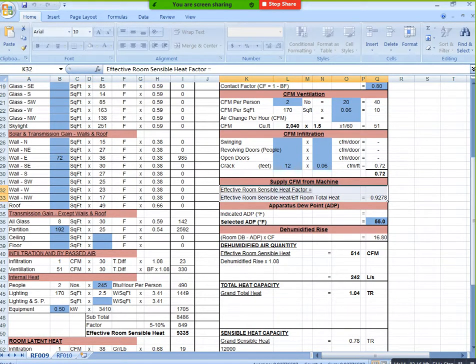First of all, we go for the effective room sensible heat factor. We need to calculate it. Copy it here and mention effective room sensible heat factor.